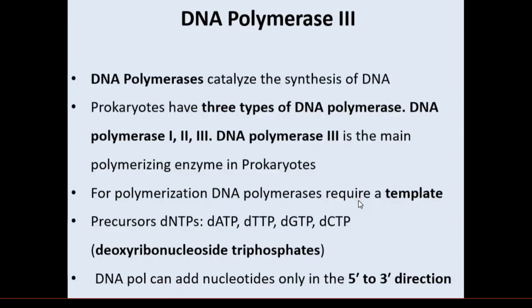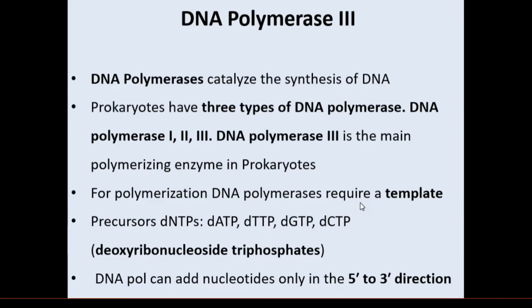DNA polymerase catalyzes the synthesis of DNA. In prokaryotes, there are three different types of DNA polymerases: DNA polymerase 1, DNA polymerase 2, and DNA polymerase 3. DNA polymerase 3 is the main polymerizing enzyme in prokaryotes.